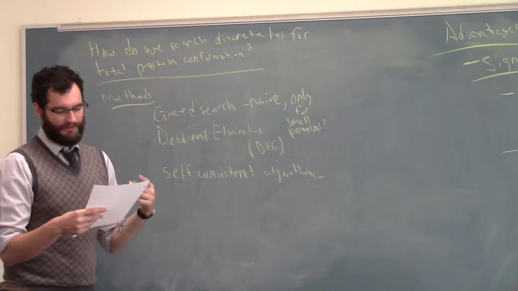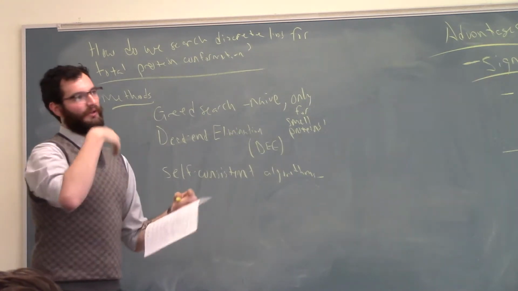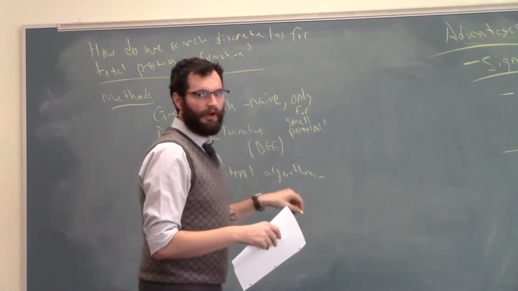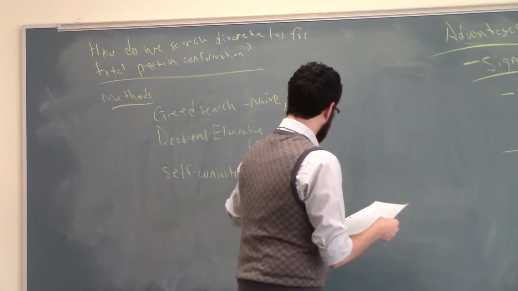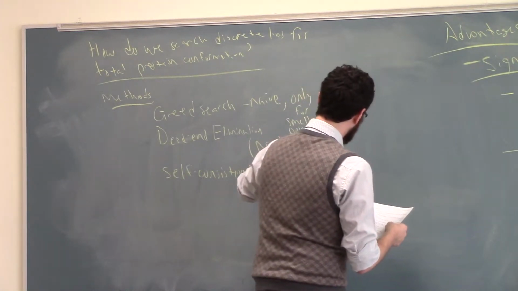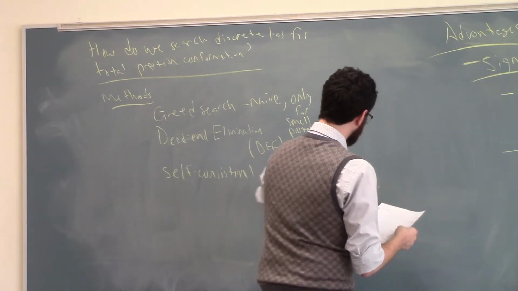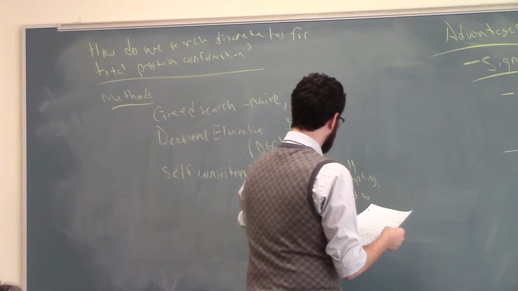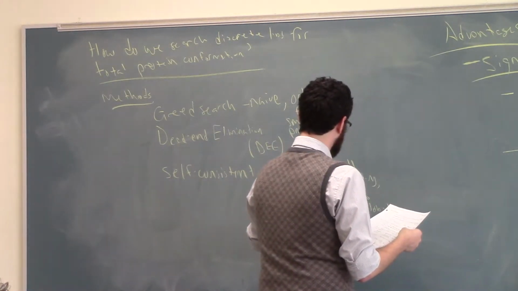Only a small amount of space ends up being sampled in these because it's an iterative approach to doing this, and it's often hard to find the global minimum with these types of approaches. So, small sampling. Hard to find global minimum.